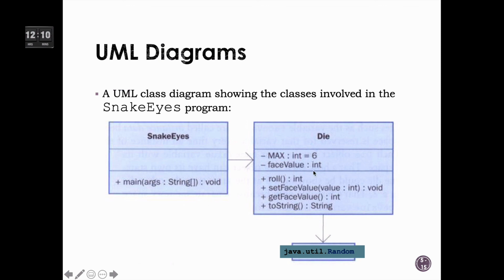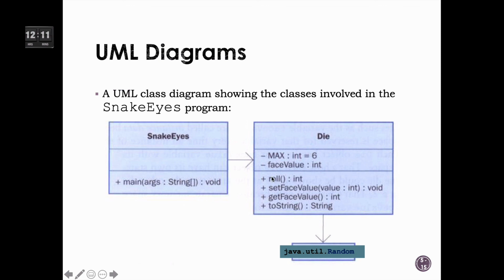And it has face value, which is an integer, which does not have a preset value. These two minuses in front of them mean that both of them are private. So these are the instance variables that are private, and you use a minus to distinguish from the pluses here, because the pluses describe the methods under this second line, the methods and their visibility.